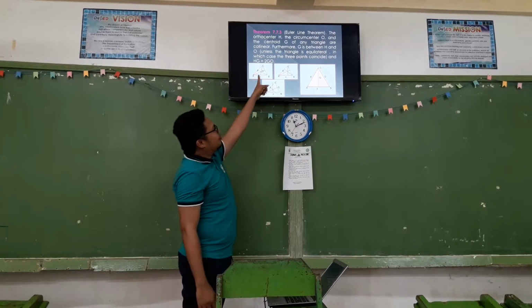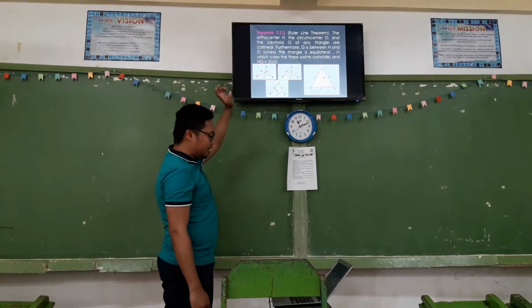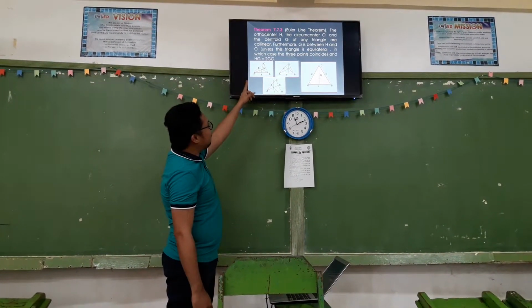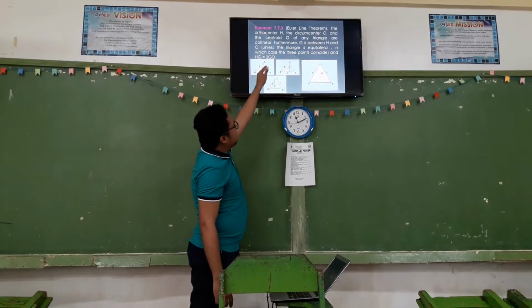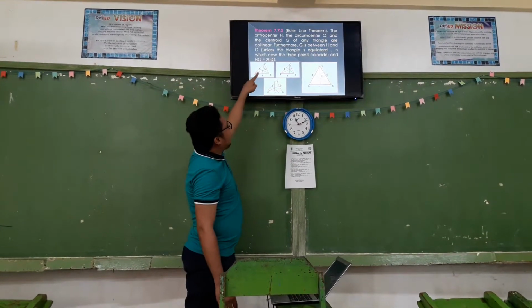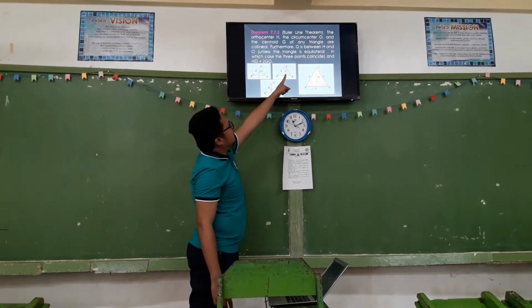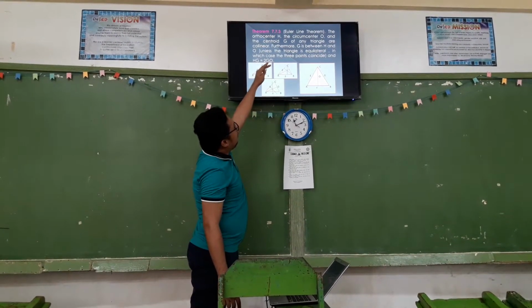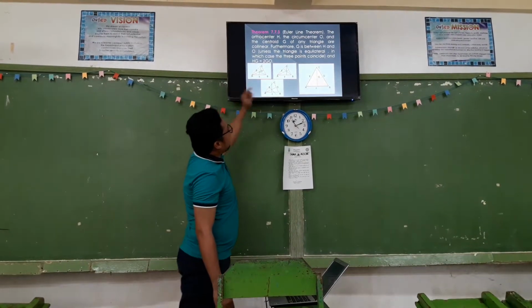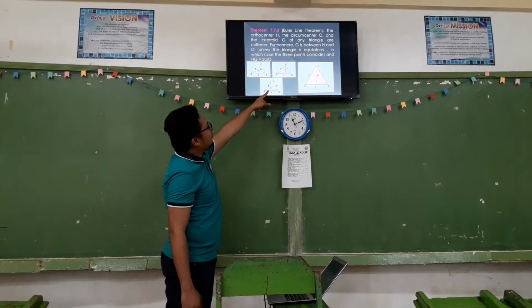Let us try to prove this statement. We have here the same triangle. This is the centroid G, this is the orthocenter, and this is the circumcenter of the triangle.